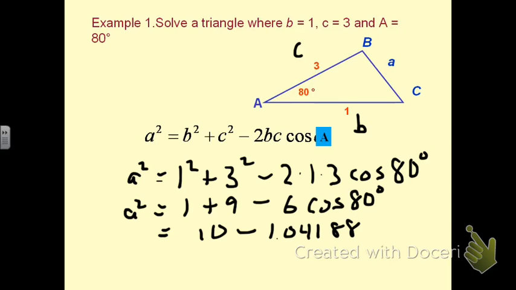So the right side turns into 10 minus 1.04188, 8.95812 equals a squared. So now we'll square root both sides.